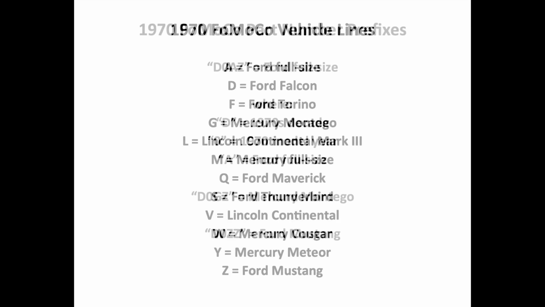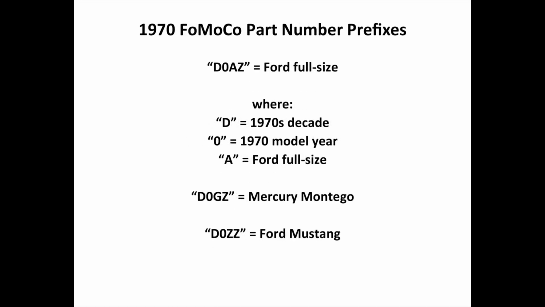Just incredible. FoMoCo aficionados will notice that these vehicle line code letters are the same as the codes used in the third position of the FoMoCo part numbers for these vehicles. For example, the part number prefix for a part originally engineered for a 1970 Ford full-size car will begin with D0AZ, where the D indicates the 1970 decade, the 0 indicates the 1970 model year, and the A indicates Ford full-size.